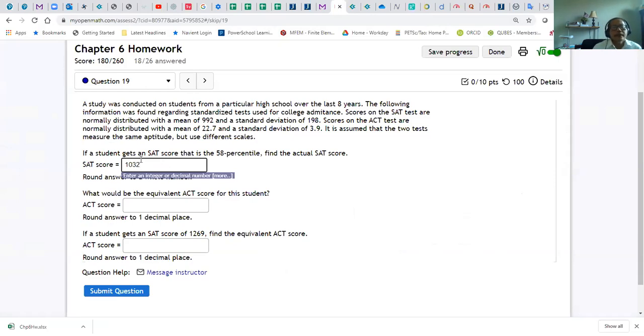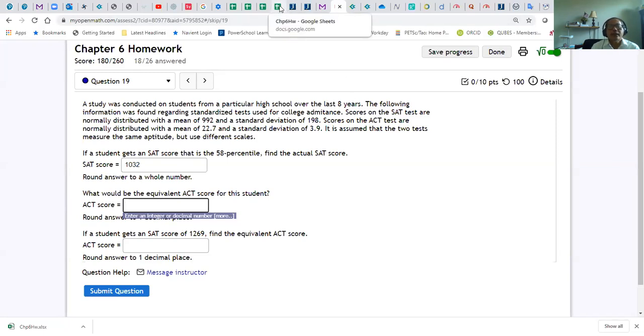And if you want to find the equivalent ACT score, you need to do the same thing, but now you need to put the mean and the standard deviation for the ACT. The mean is 22.7, the standard deviation is 3.9.